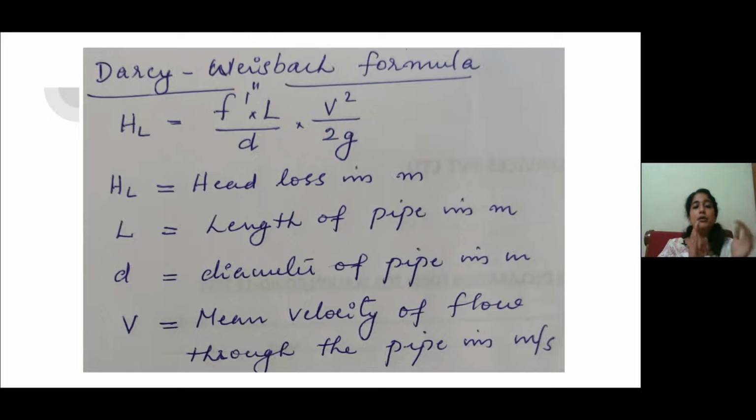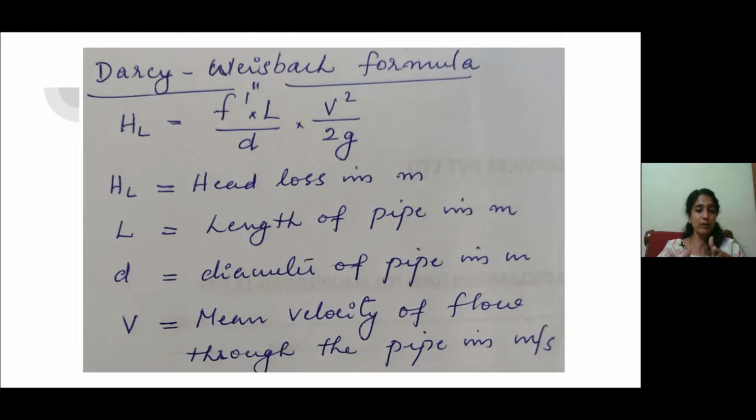Then Darcy-Weisbach formula. Here is the head loss equation of Darcy-Weisbach, that is F dash into L divided by D into V square by 2G. Here HL is the head loss in meter, L is the length of the pipe in meter, D is the diameter of the pipe in meter, V is the mean velocity of flow through the pipe in meters per second.